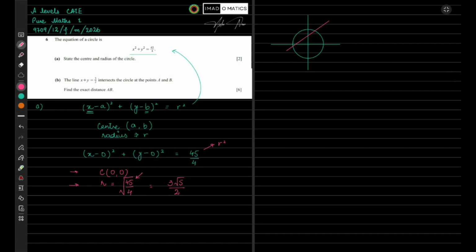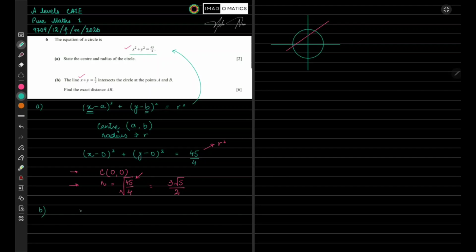If it is intersecting, we can solve them simultaneously. As one has x squared and the other has x, the only way is by substituting. So either make y the subject or x the subject and substitute in the equation of the circle.